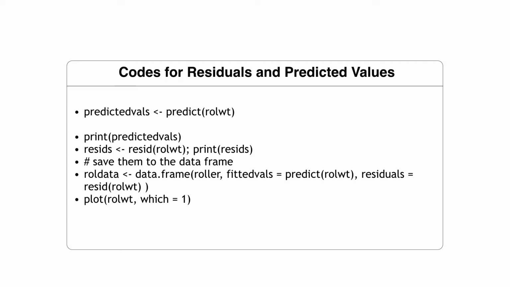Now we take that role WT and use the function predict in order to extract the predicted or fitted values from that object. We can also extract the residuals. Very simple function again. It's just resid, and then you mention the object in which you stored the linear model.